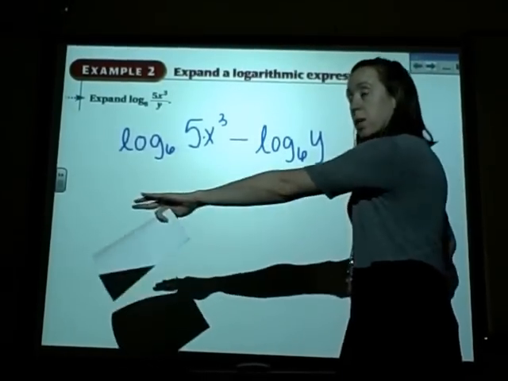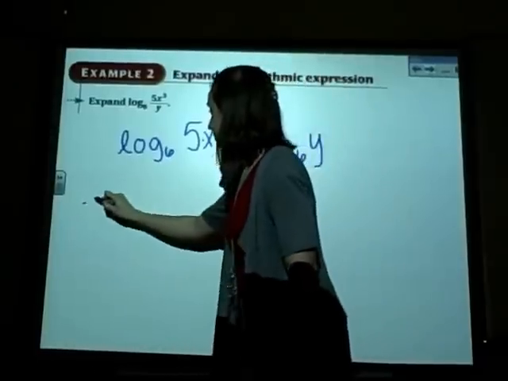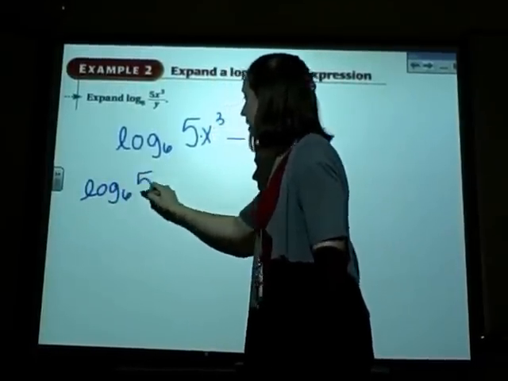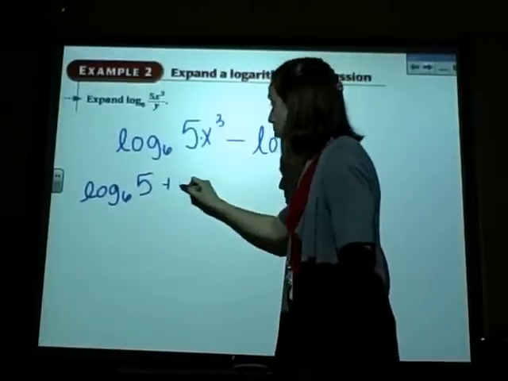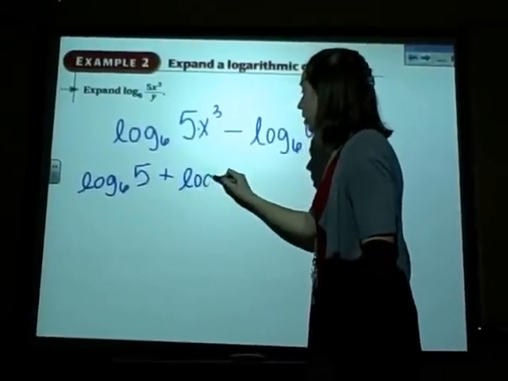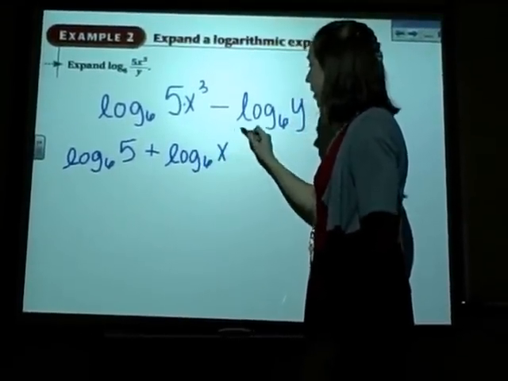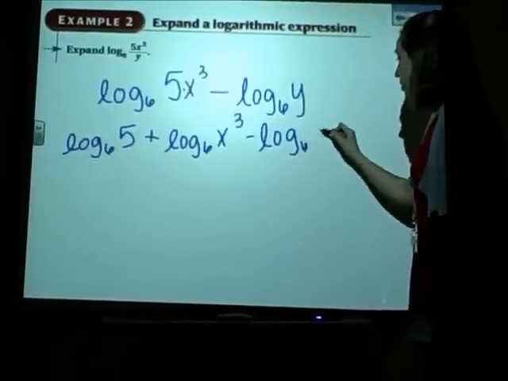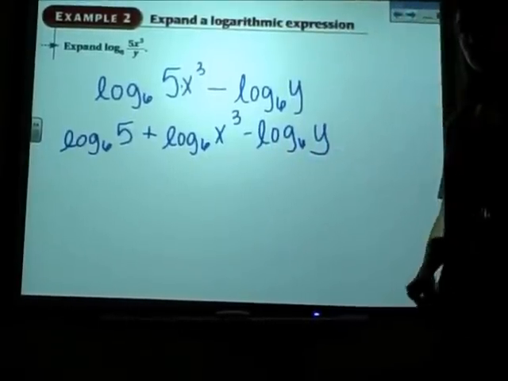I can split those up with addition. So I'm going to rewrite it as log base 6 of 5 plus, your product rule uses plus, log base 6 of x to the third. And then we still have our log base 6 of y.